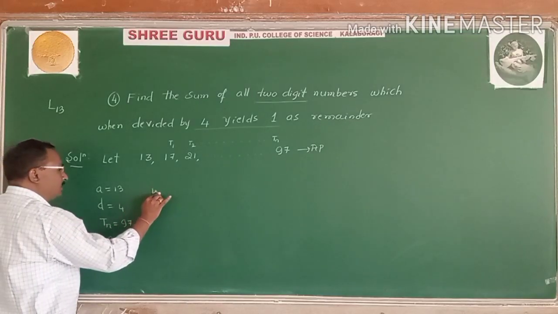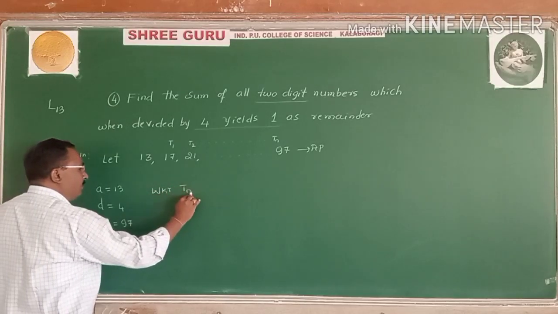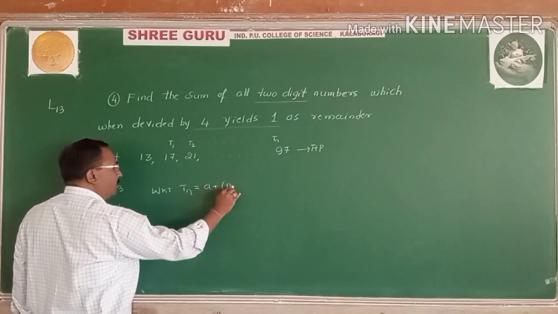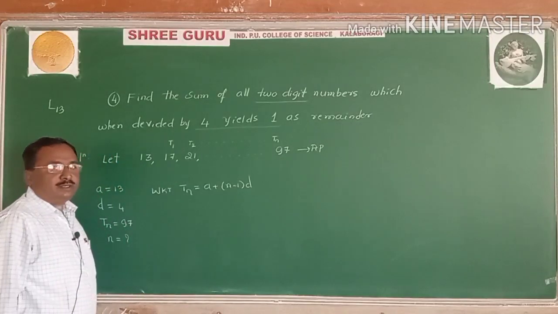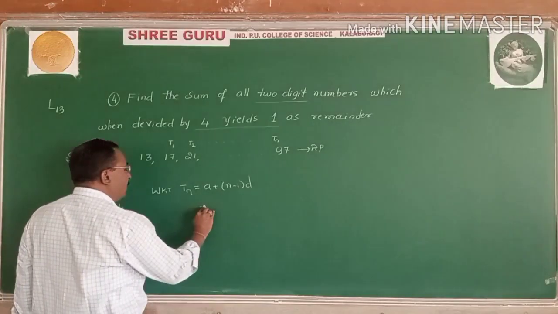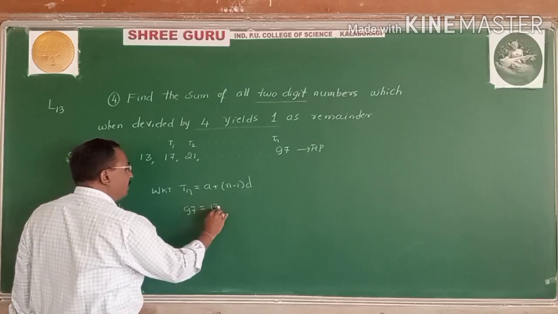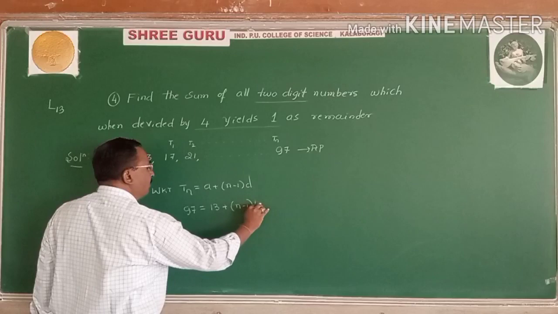We know that Tn is equal to a plus n minus 1 into d. Here Tn is 97, a is 13, and the common difference is 4.